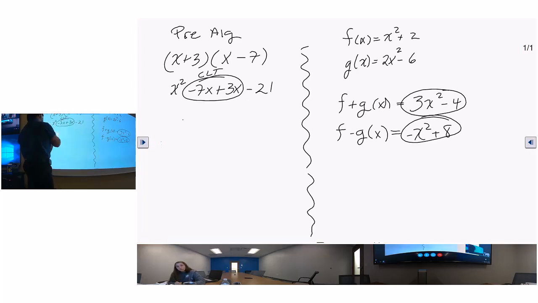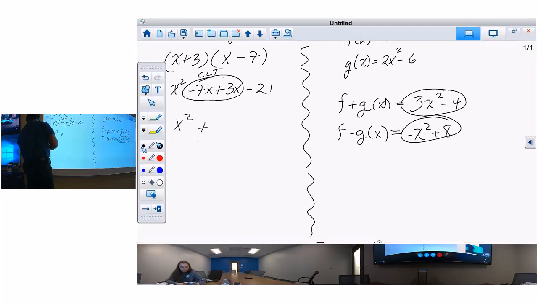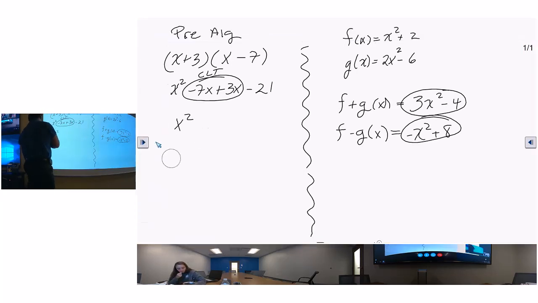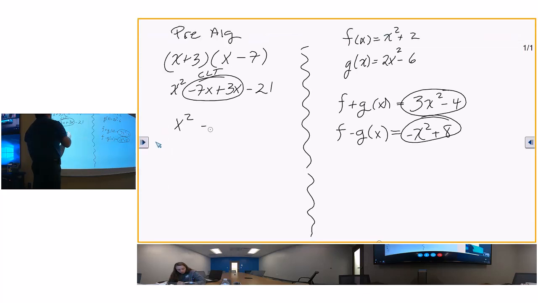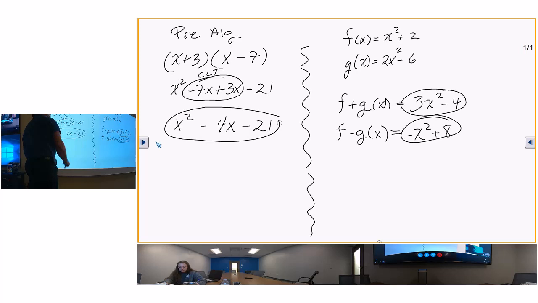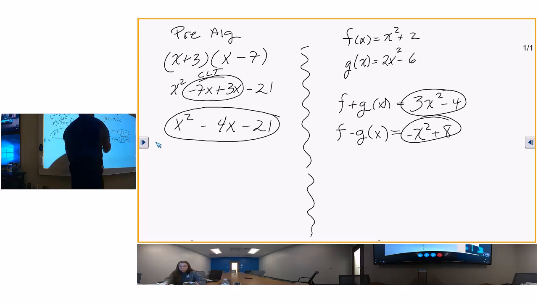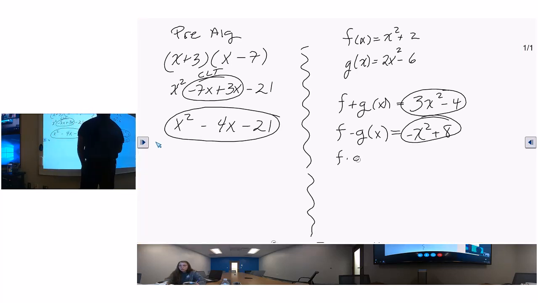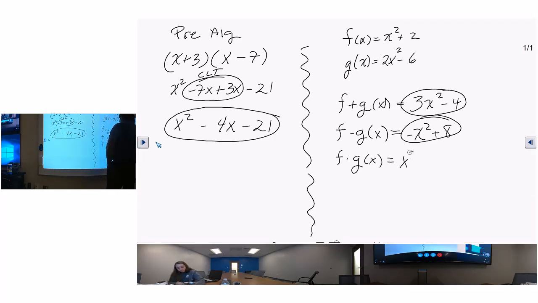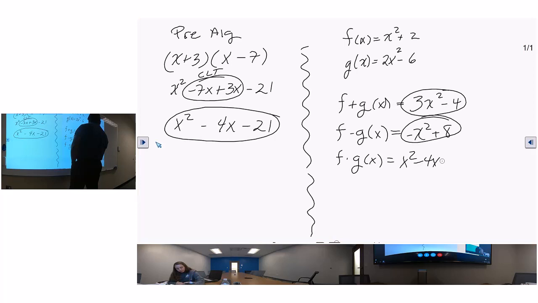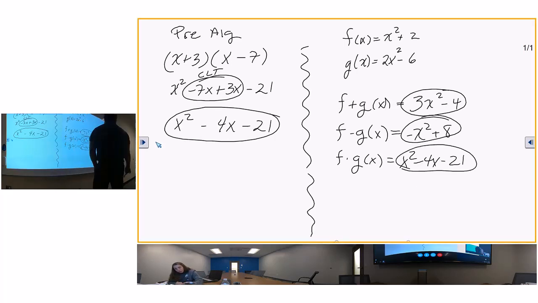So that'd be x squared minus 4x minus 21. So over here, f times g of x is equal to x squared minus 4x minus 21. And again, you don't have to do anything because you learned how to do it back in algebra.